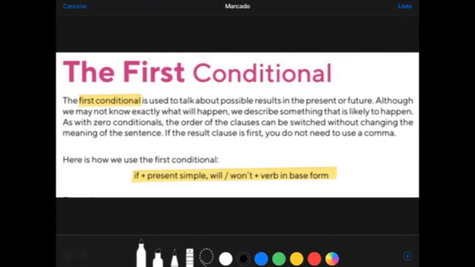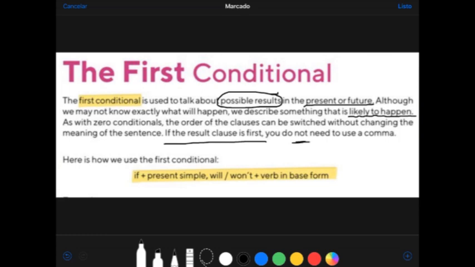The first conditional is used to talk about possible results in the present or future. Although we may not know exactly what will happen, we describe something that is likely to happen. As with zero conditional, the order of the clauses can be switched without changing the meaning of the sentence. If the result clause is first, you do not need to use a comma.